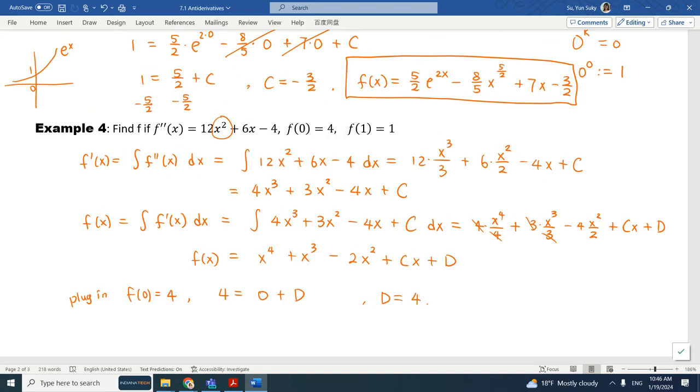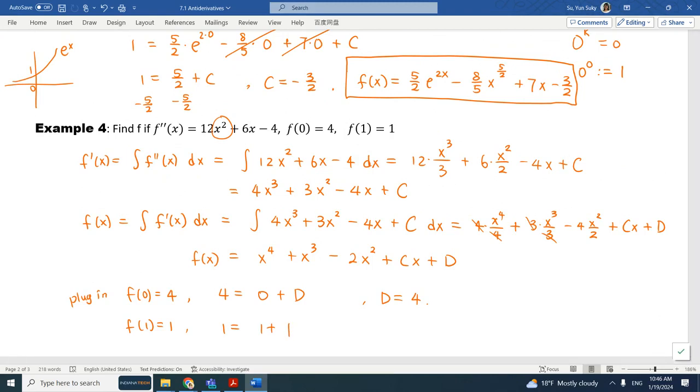Okay, how about we plug in f of 1 equals 1. So f of 1 is 1. My left-hand side is 1. Okay, we plug in x is 1. What's 1 to the 4th? 1. 1 cubed? 1.